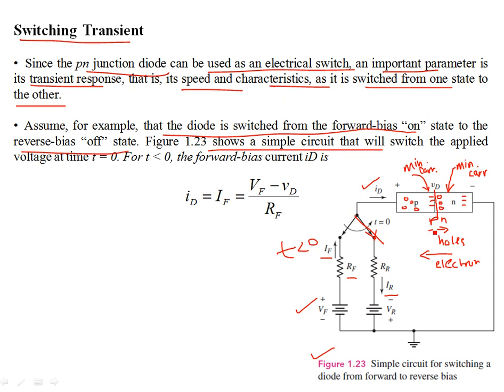Now they have to take some time to settle down. These excess minority carriers have to move back to their respective regions. For example, once you change the polarity, the holes are going to go back into the P region, and the electrons are going to go back into the N region because of the polarities.